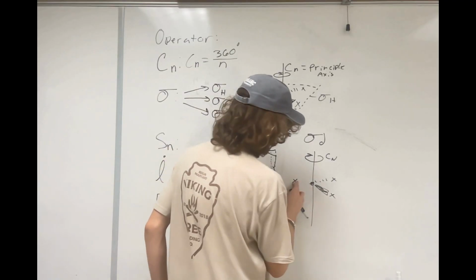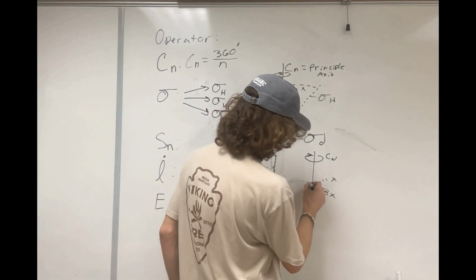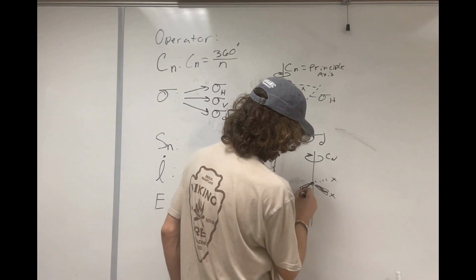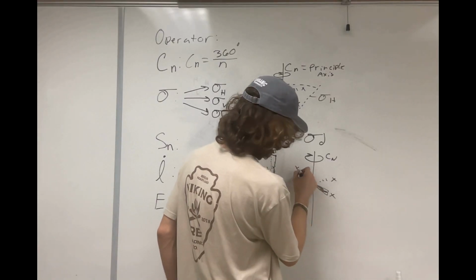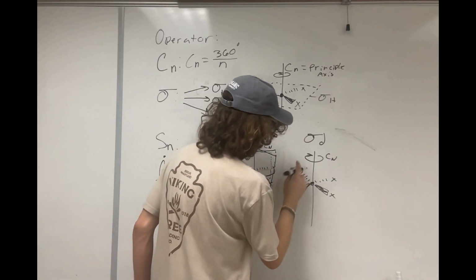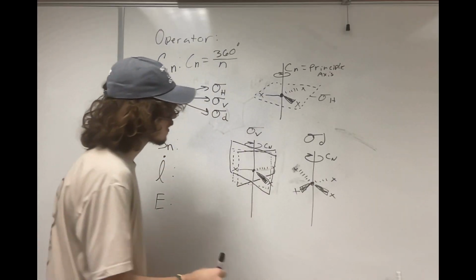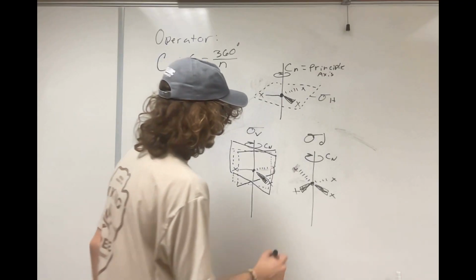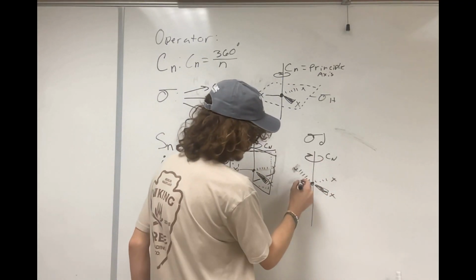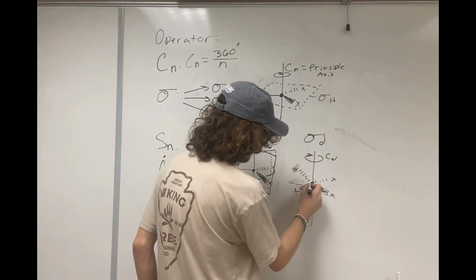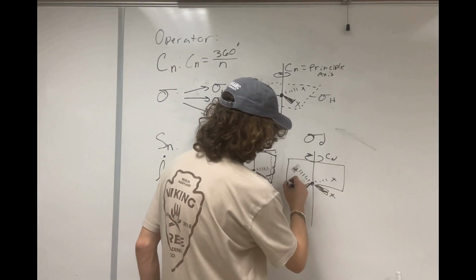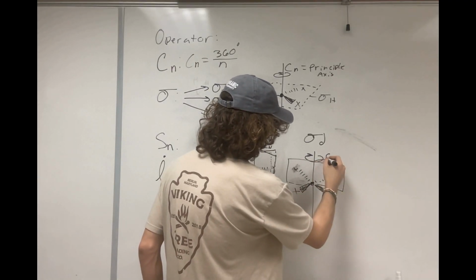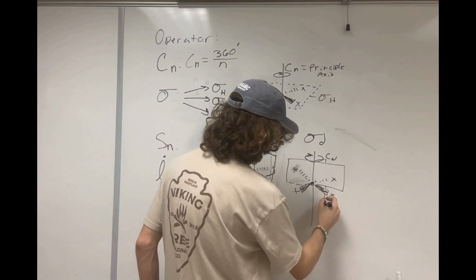So let's actually modify this such that we have this kind of configuration. Well, then we actually have two sigma d's. And what sigma d looks like is they're going to be in between axes. So for example, we have a plane here, and then we would also have a plane going out like that.